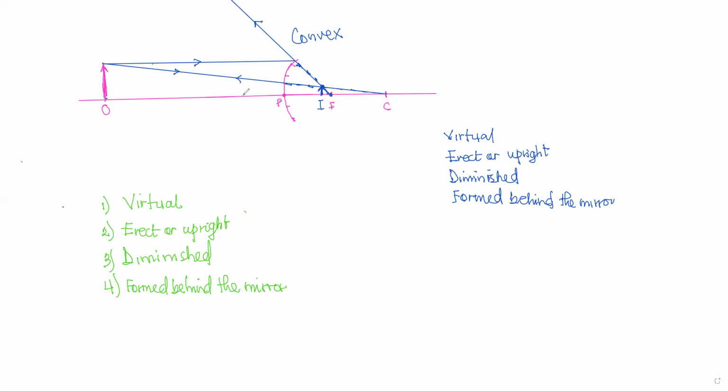When we brought the object closer to the mirror, the image was between P and F. We took it far, the image is still between P and F. You can take it very, very far. Its image will always be formed between P and F. So it means that the image formed by a convex mirror is always closer to the mirror.